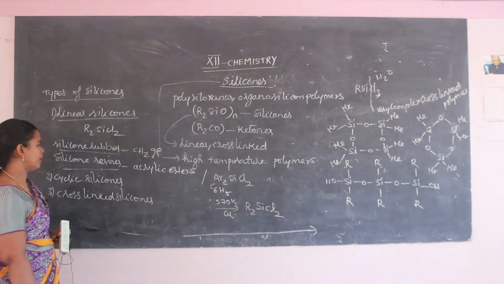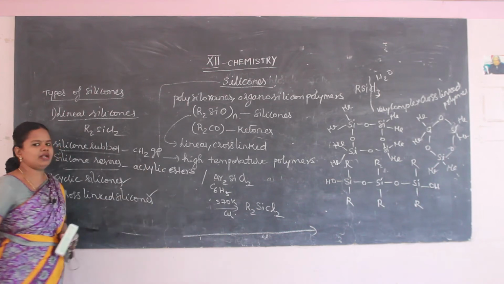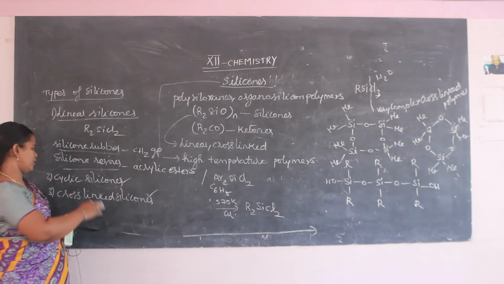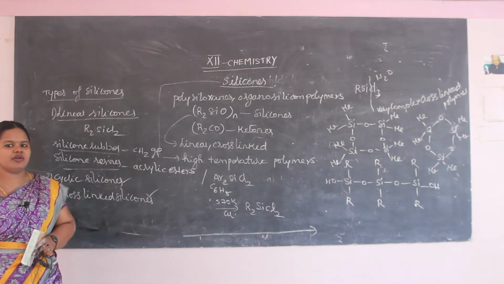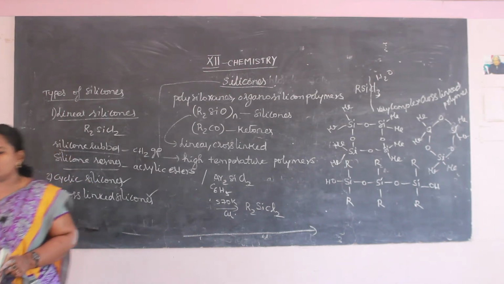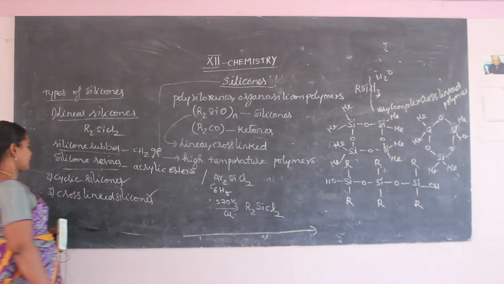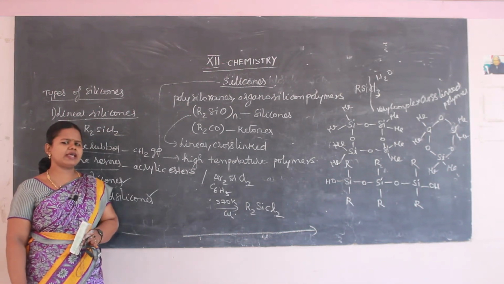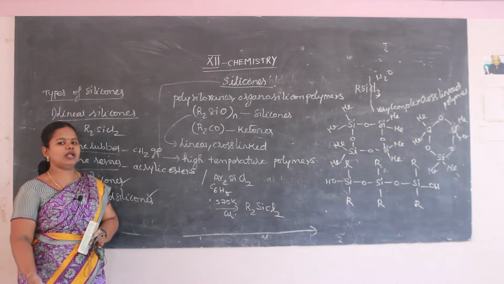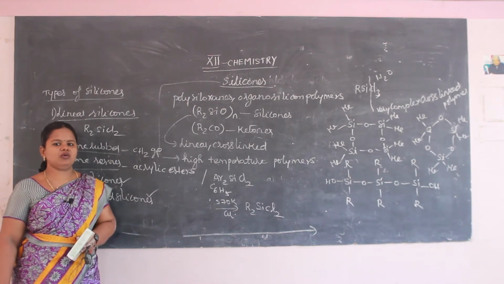So by these hydrolysis we will get the cyclic silicone and cross-linked silicone.